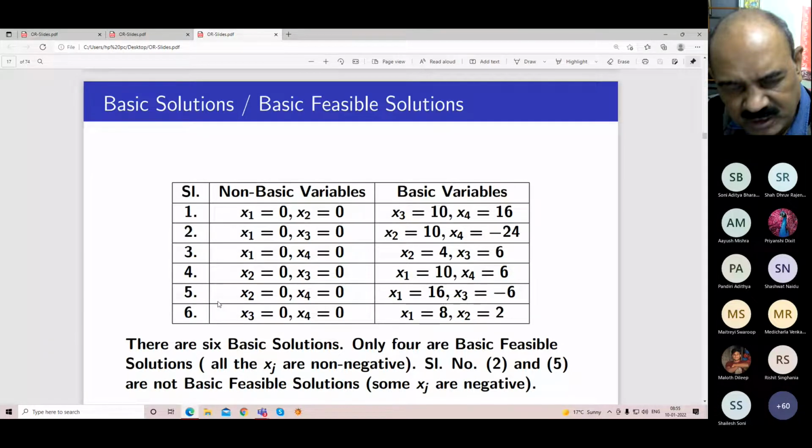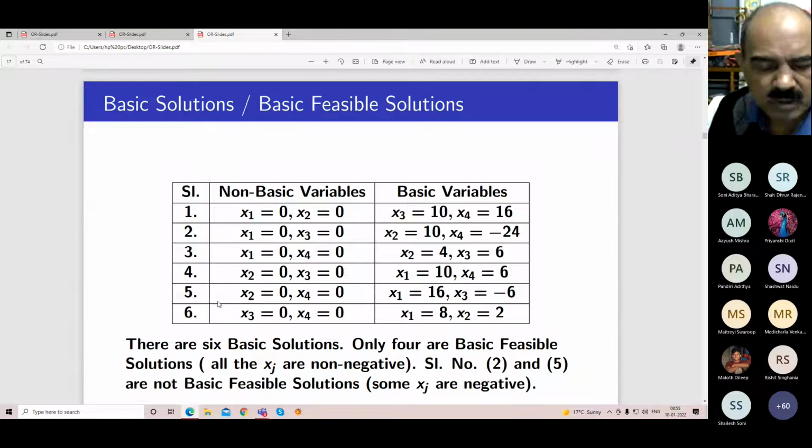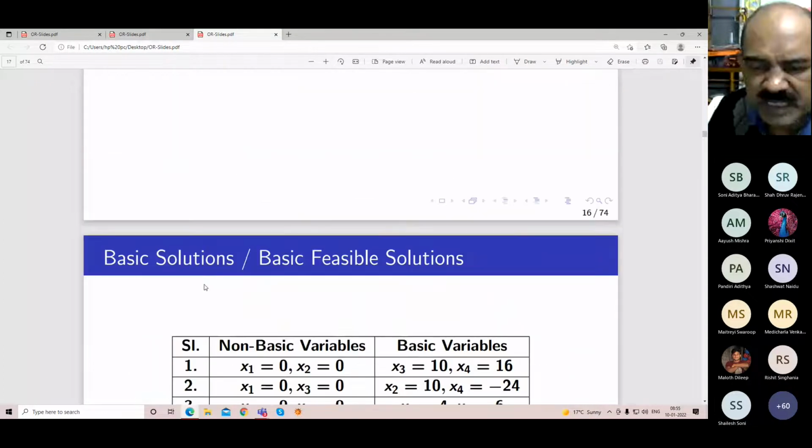In a linear programming problem, whatever solution you are finding has to be a basic solution as well as a basic feasible solution. Basic feasible means all the components have to be non-negative. If some component is becoming negative, that cannot be a basic feasible solution. That is the conclusion. Is all right or any confusion?